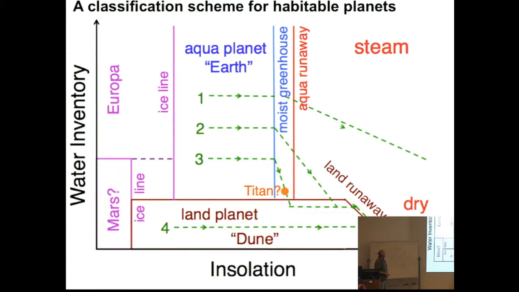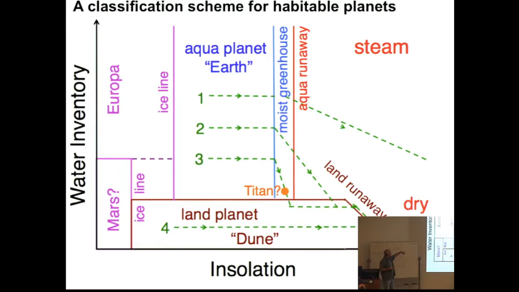The moist greenhouse effect, which I'm going to talk about in a moment, occurs before you hit the runaway greenhouse. And during the moist greenhouse phase is when you will lose hydrogen to space. And so the total inventory of water will follow curves like these green curves. So a planet blessed with a lot of water will lose some of its water during the moist greenhouse phase, but will then transition into a steam atmosphere that will be absolutely uninhabitable.